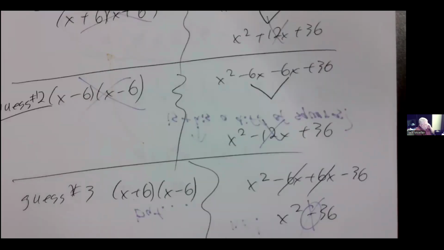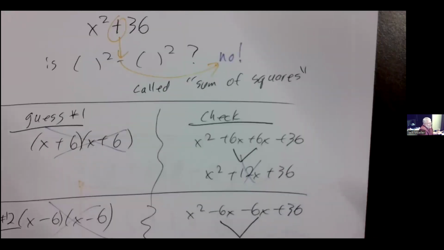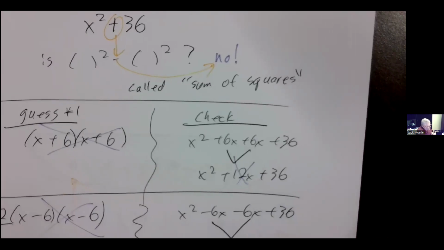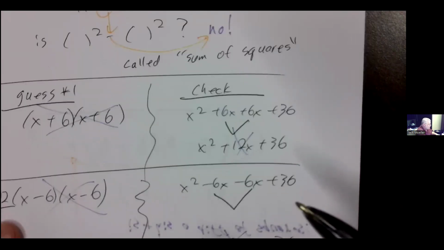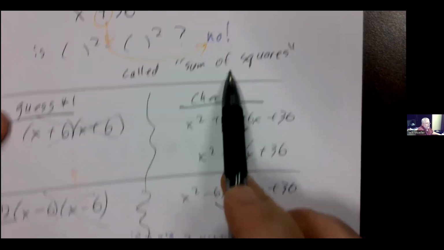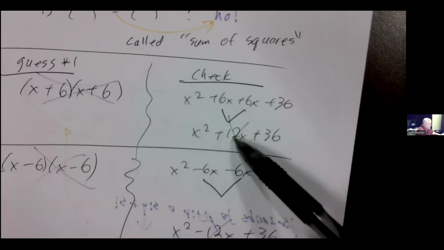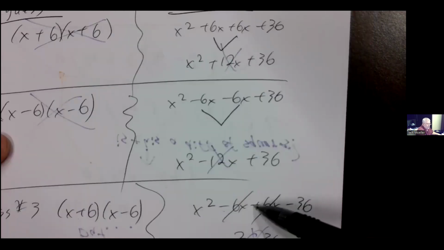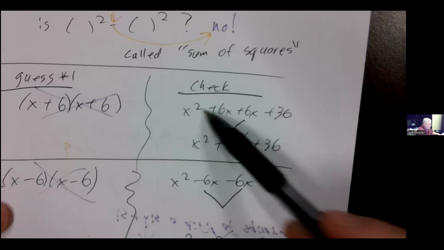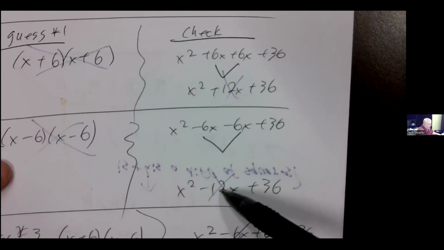All right. And then there's no other reasonable guesses here. We've gone through the reasonable guesses. And so the problem with the sum of squares is the only way that you can get these middle terms to cancel out is the signs have to be different. Because if they're both negative or both positive, those middle terms do not go away.